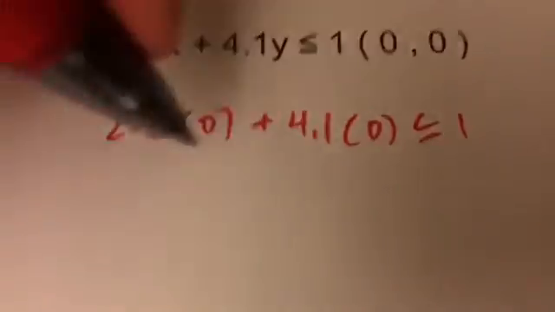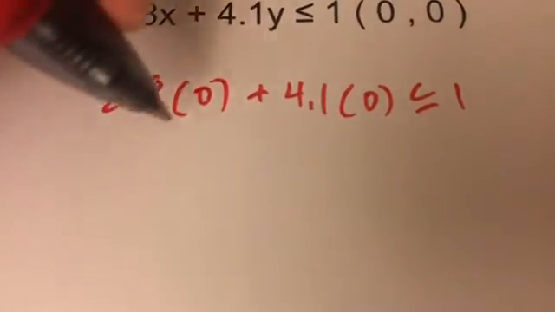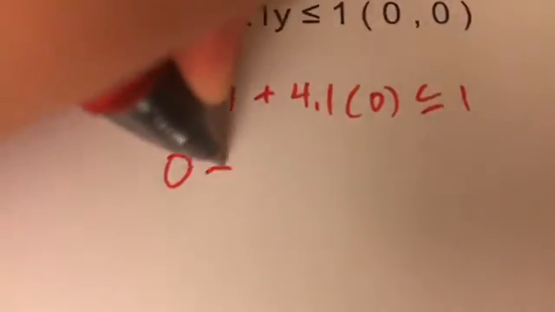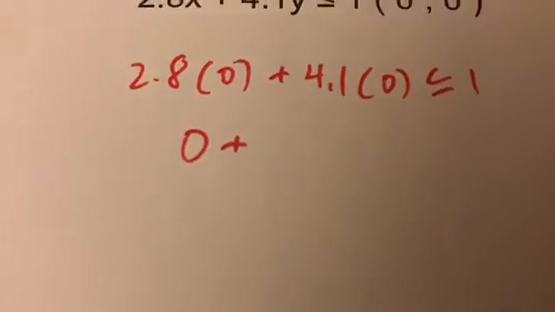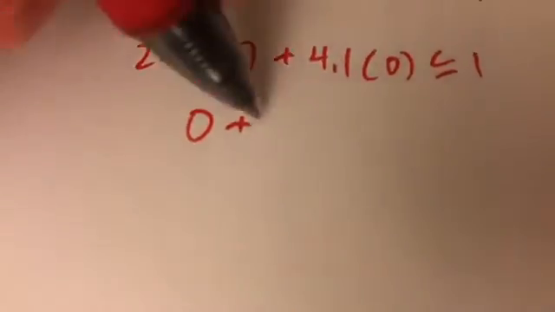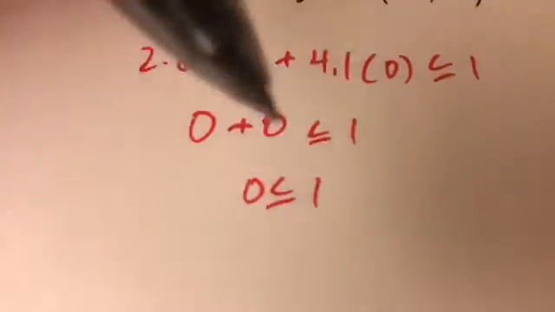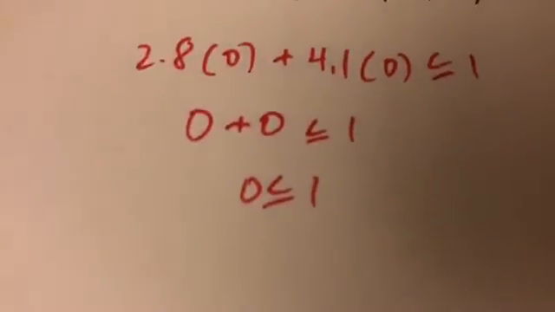Well, you should know that if you multiply 2.8 by 0, that equals 0. Same goes for this. If you multiply anything with 0, it automatically equals 0. So 0 is less than or equal to 1, so this is true.